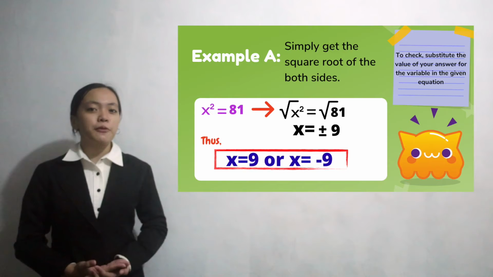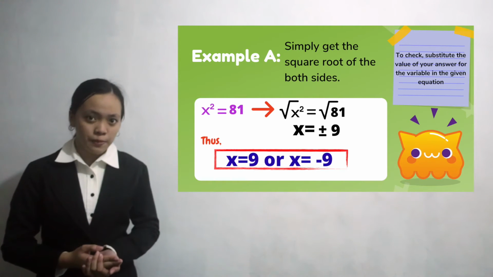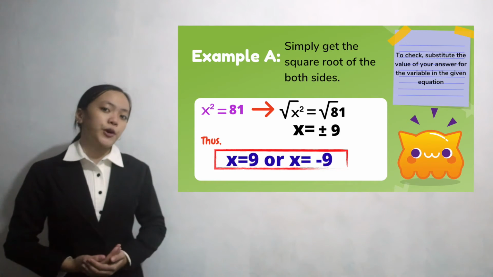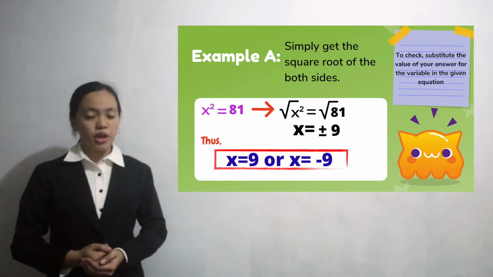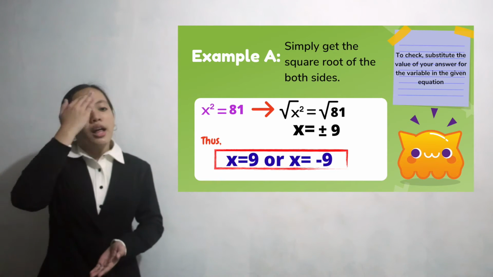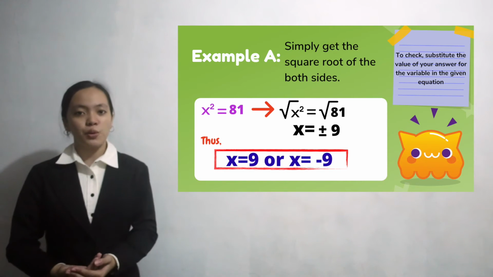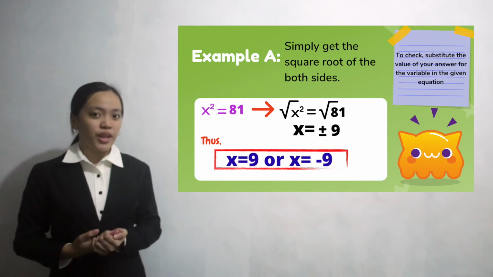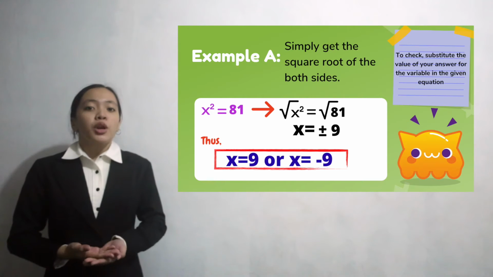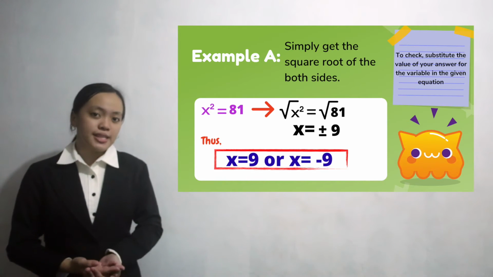In example A, we have the given x squared equals 81. Since both sides are perfect squares and the equation is in the form x squared equals c, we simply get the square root of both sides. The square root of x squared is x, and the square root of 81 is positive or negative 9. Why positive or negative 9? Because when you square a number, you multiply it by itself.